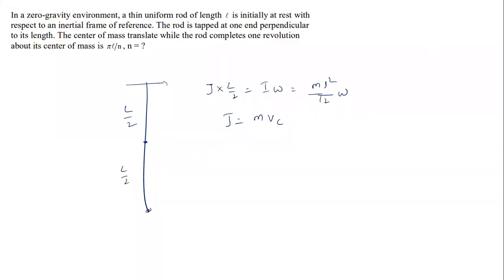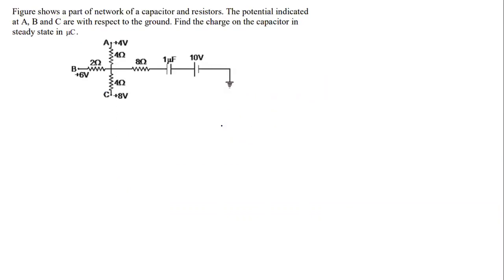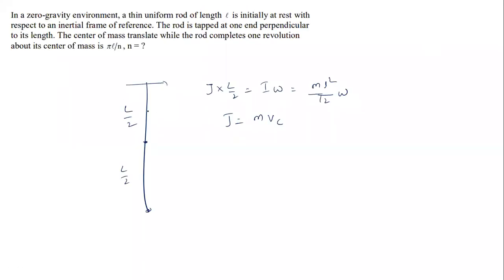Now substitute this J value here. So M VC L by 2 is equal to M L square by 12 into omega. M cancels, one L cancels, 6 times cancels. Omega is equal to 6 VC by L. Clear?